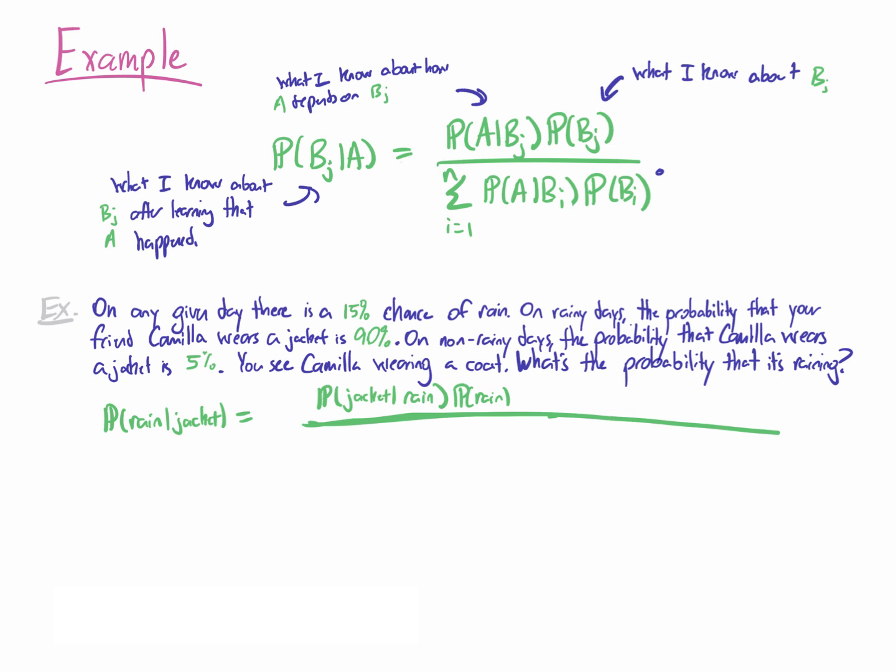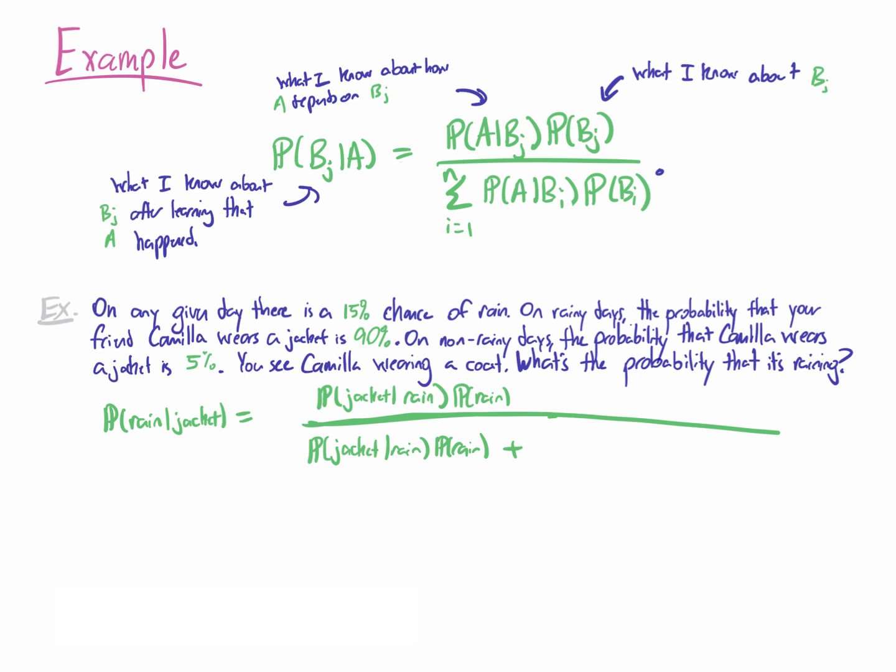Okay, so now what I need to do is get the denominator here. And to do that, I'm going to have one copy of the term that I've already written. So probability of jacket given rain times probability of rain plus, and now I need to consider all the other possible scenarios as well.